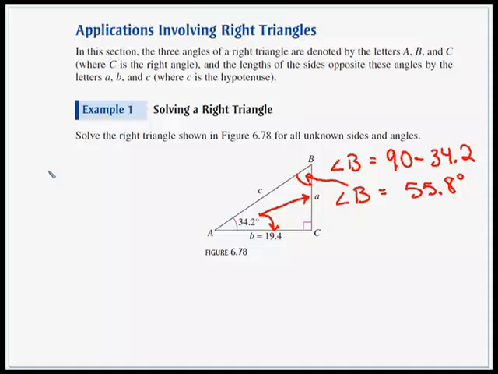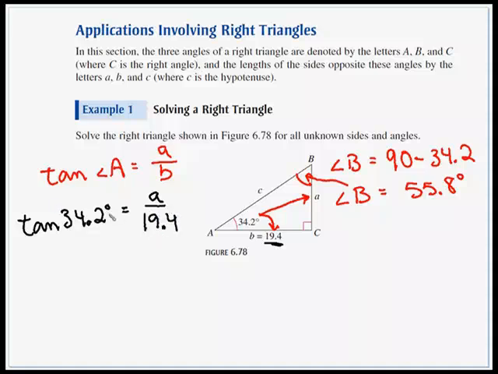Well, that's got to be tangent. The tangent of an angle is equal to the opposite side, in this case it's a, over the adjacent side, which is b. So let's fill in what we do know. We know that the tangent of angle A, 34.2 degrees, is equal to a divided by b, and b we know is 19.4.